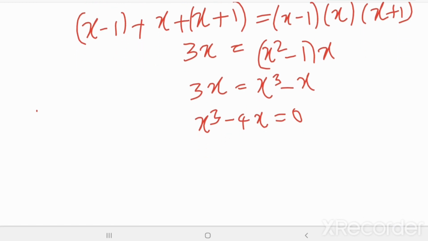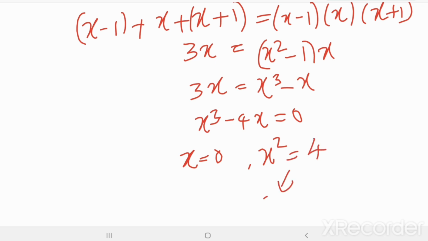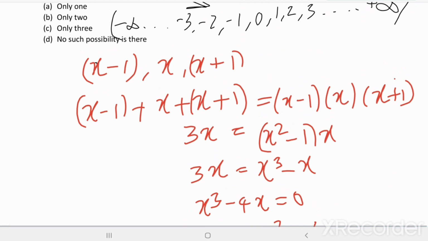From here we get x equal to 0 and x square equal to 4. From this we get x equal to 2 or x equal to minus 2. So x can take 3 values, 0, 2 and minus 2. That means there are 3 such possibilities.